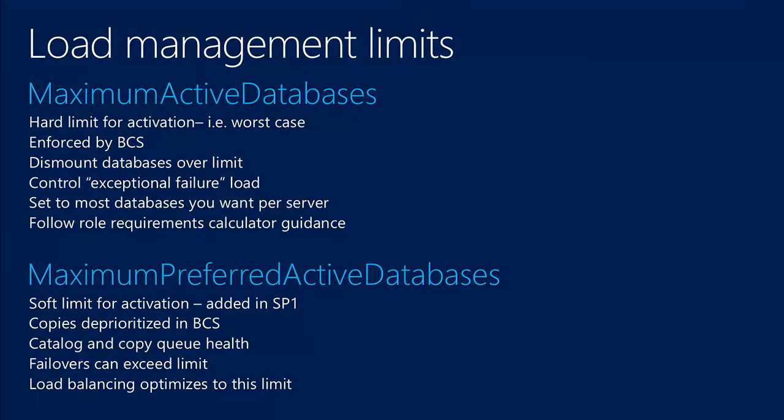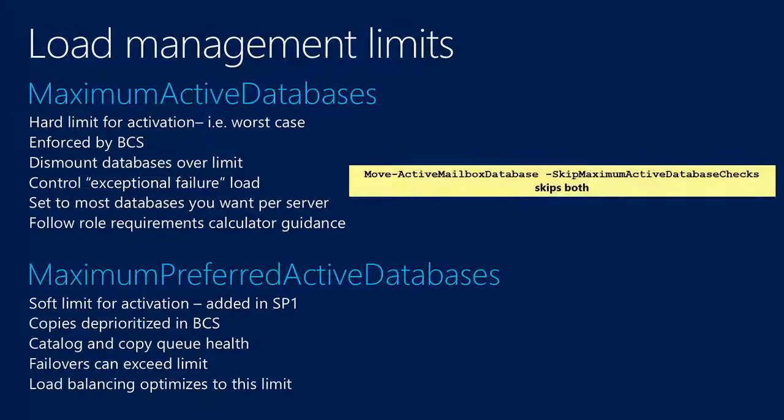So they can set this soft limit, which will be prioritized and used within BCS, but it's not an enforced hard limit where BCS will dismount instead of failing over like it will with the maximum limit. This is really just a suggestion in hopes of trying to do load balancing of the load during a failover scenario or a targetless switchover scenario.